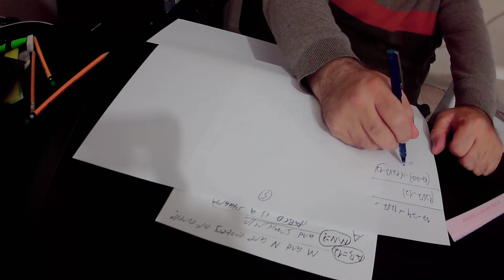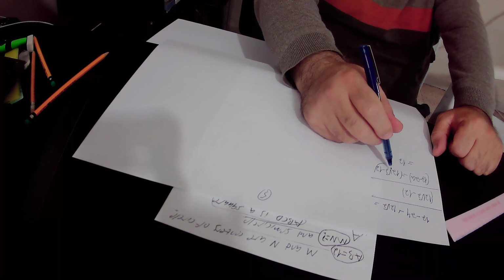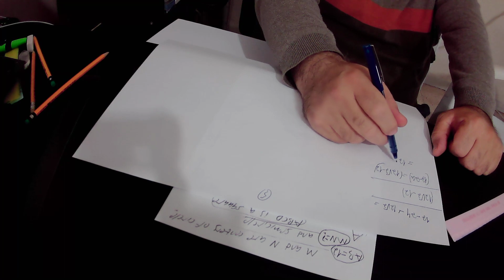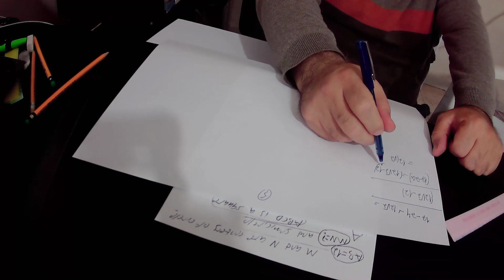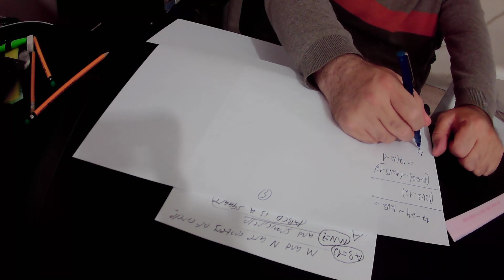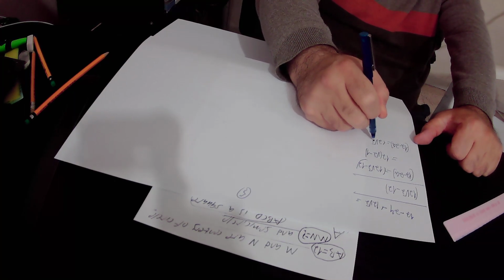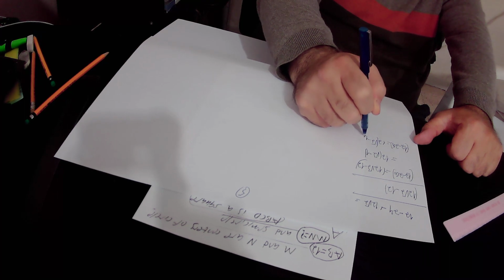Inside the brackets, what is left from 12 times square root of 2 after we took 12 as a common factor is square root of 2, and what is left from minus 12 is minus 1. So in conclusion, 12 minus 2A is equal to 12 times (square root of 2 minus 1).